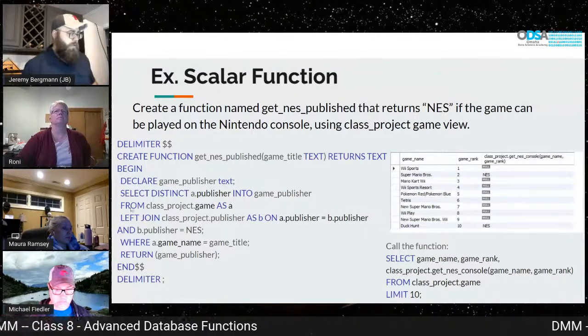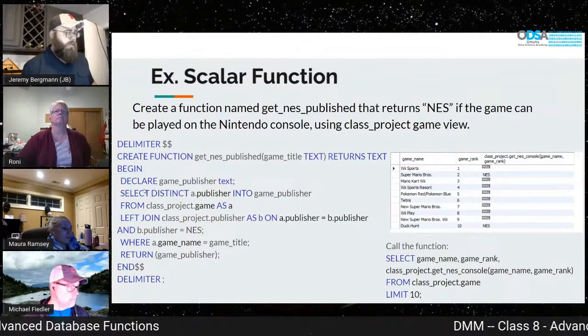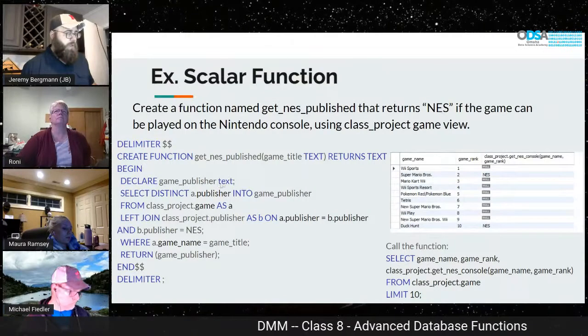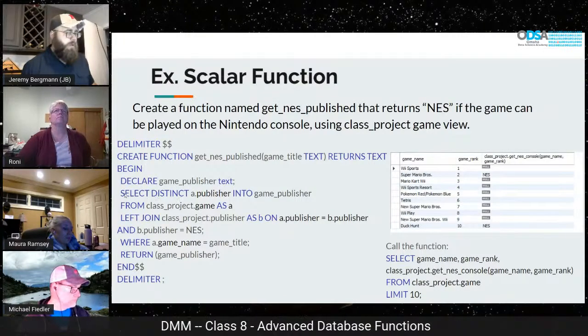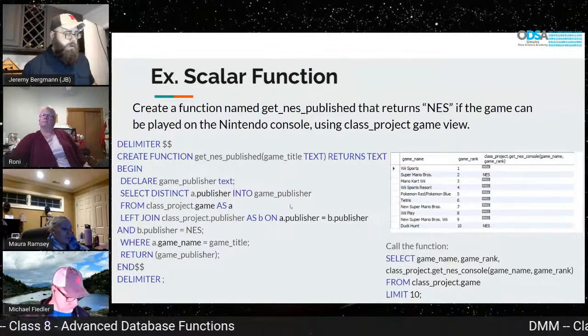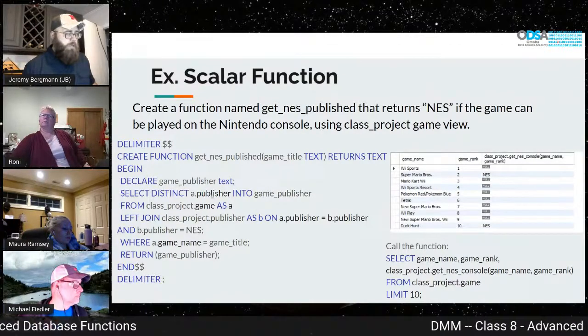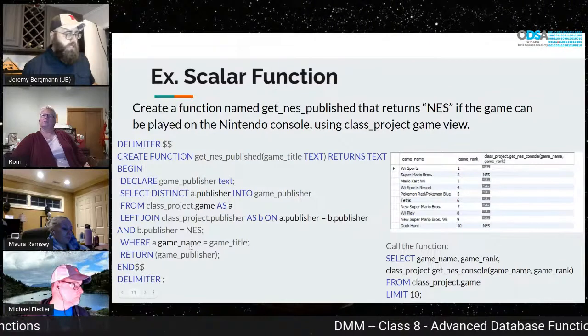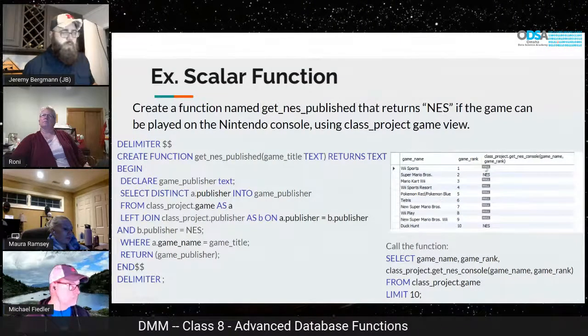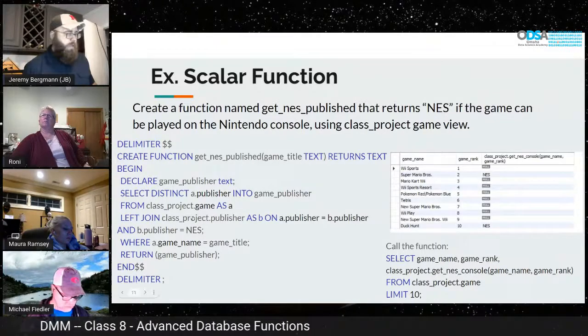The beginning and end are that, and then there's the logic in between. I declare a variable gamePublisher to be text, and then I select all these values into gamePublisher, because gamePublisher is eventually the variable I want to return with either the null or the NES values.